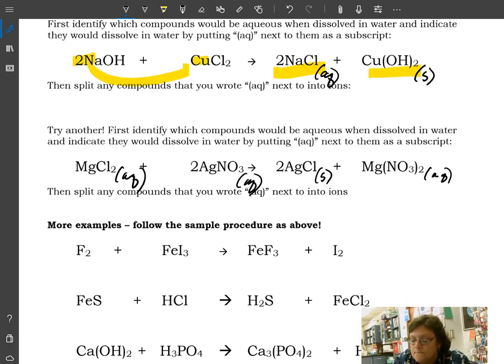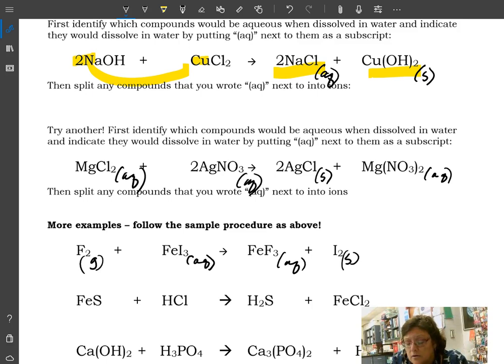F2 is fluorine, and FeI3, iron 3 iodide. Iodides are usually soluble. They're in the halogen family, so this one is going to be aqueous. Fluorine is actually going to be a gas at room temperature, and iodine is going to be a solid at room temperature. Iron 3 fluoride, even though fluoride's not on your chart, will be soluble because fluoride reacts just like chloride, bromide, and iodide.